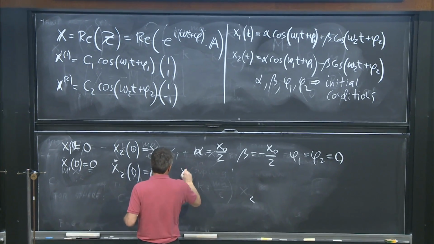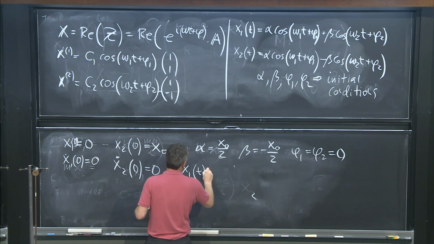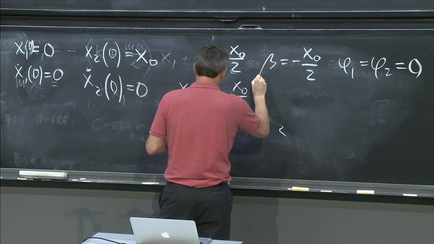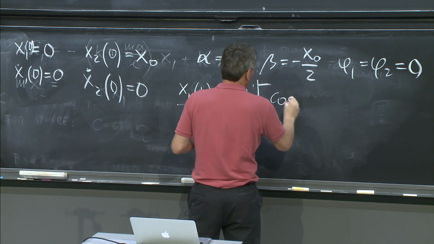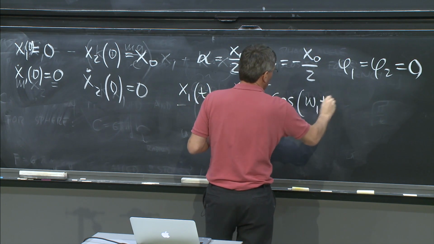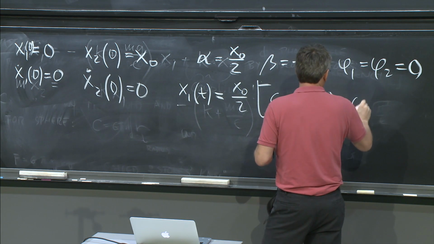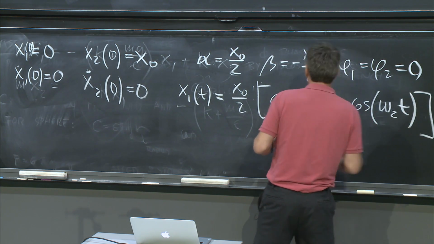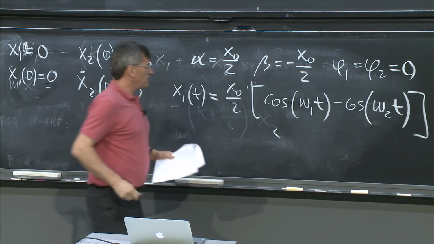So you can write down the specific case of x1 of t to be x0 over 2 cosine omega 1t minus cosine omega 2t. It's because beta has a negative sign.